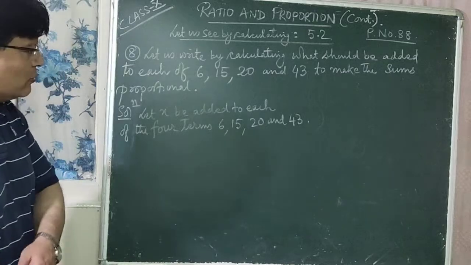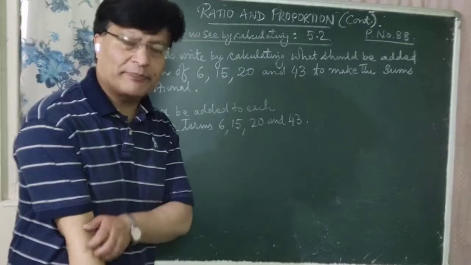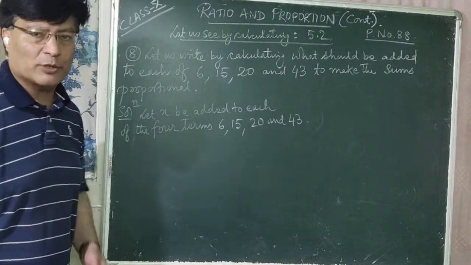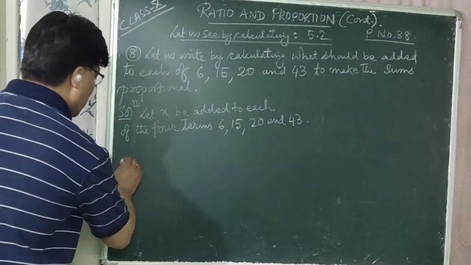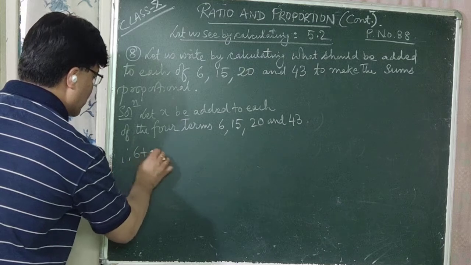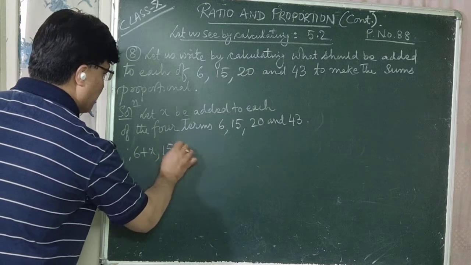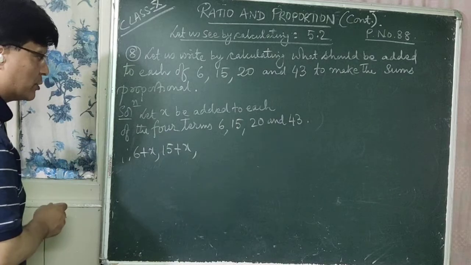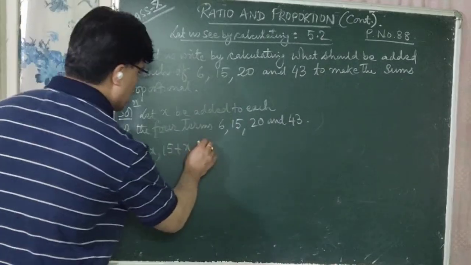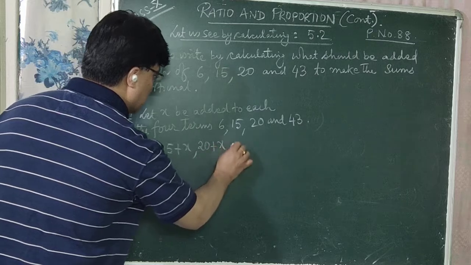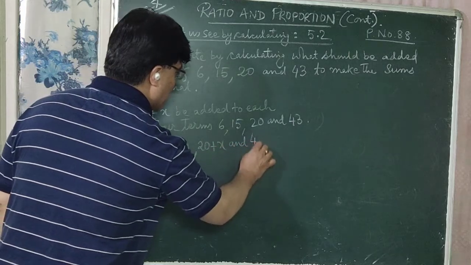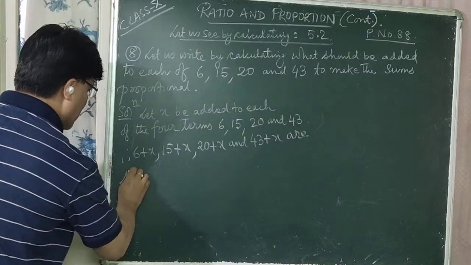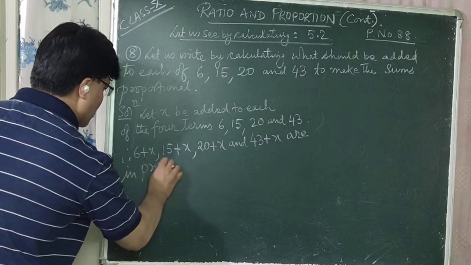We suppose that only if x is added to each of the four terms will they be in proportion. So, therefore, 6 plus x, 15 plus x. We are adding x to each of these four terms. 6 plus x, 15 plus x, 20 plus x and 43 plus x are in proportion.